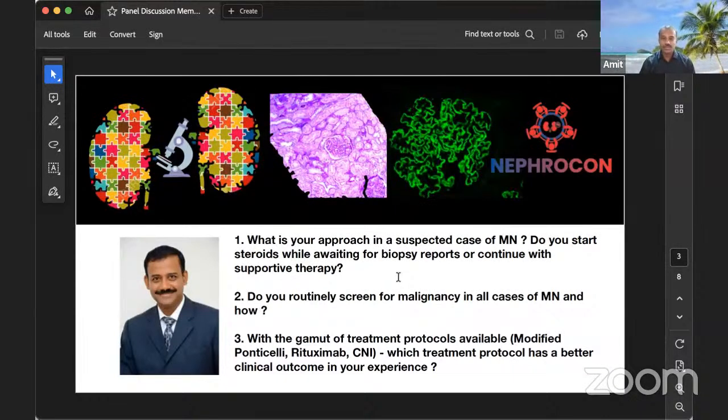So I do not start steroids upfront. I would start with RAS blockers, supportive treatment for edema, anti-edema measures, blood pressure control if required, and diuretics as and when required. Then based on the biopsy confirmation, I would proceed with further treatment.